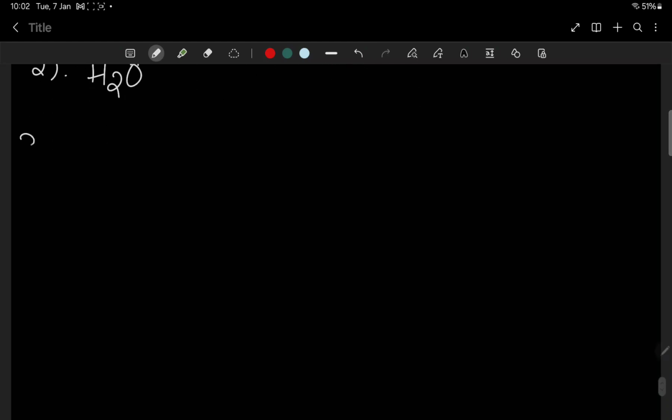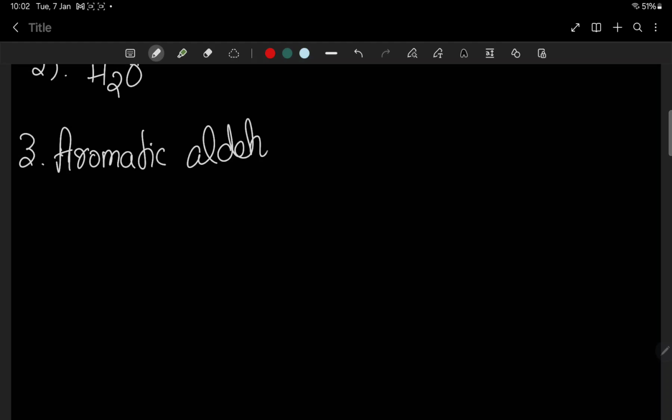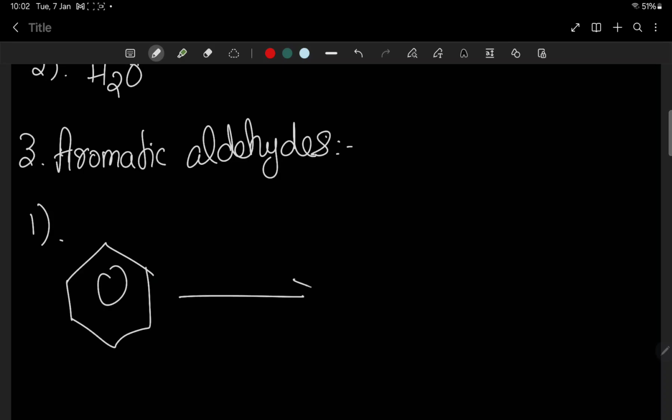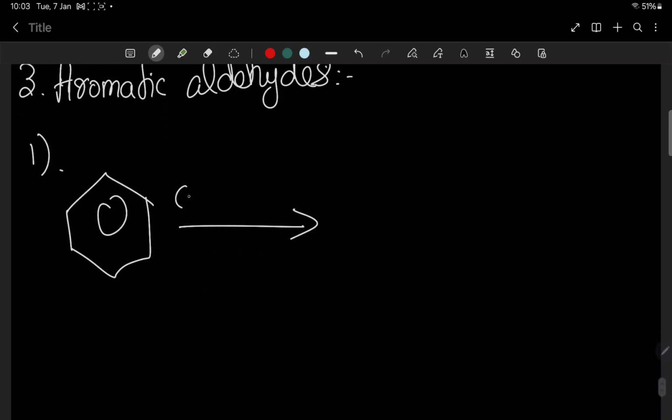Now some reactions for aromatic aldehydes. First method: take benzene, into this add CrO2Cl2, chromyl chloride, and CS2 medium.